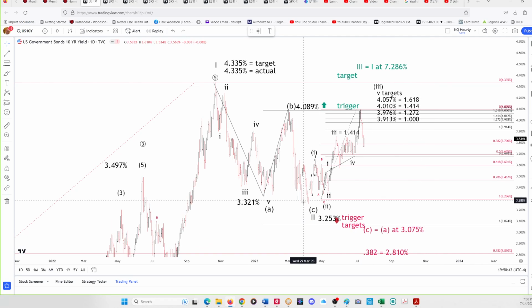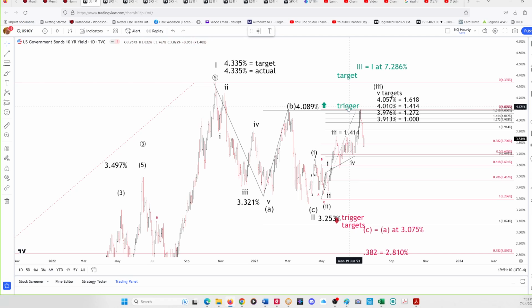But what is interesting is what happened from this low here of 3.253 right there. We had a 1 up and a 2 down, and a 1 up, a 2 down, a 3 up, and a 4 down, and that 4 hasn't been adjusted. Anyway, we could count it a couple different ways, but we need to see a move. The trigger here is the B wave high of 4.089%.